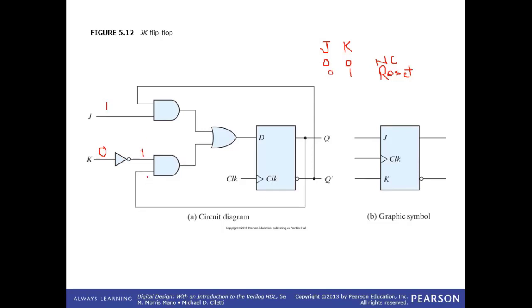This means that the output of this AND gate would become dependent on Q, and the output of this AND gate would become dependent on Q bar. So we'll have Q bar at the output of this AND gate, and we'll have a Q at the output of this AND gate. Can anybody tell me what is going to be the output of this OR gate?